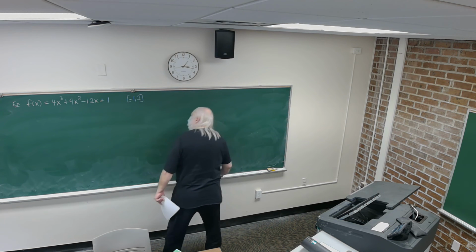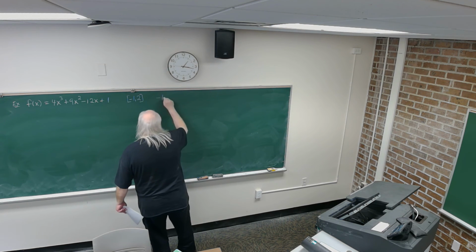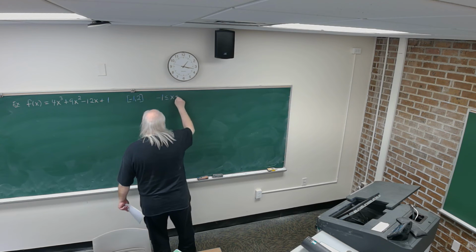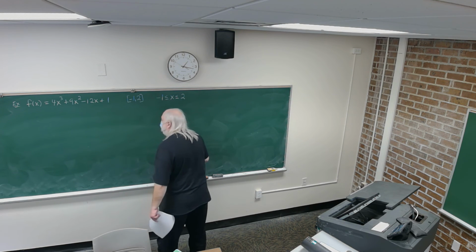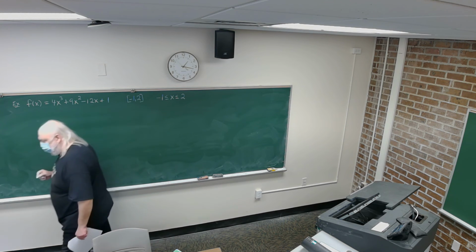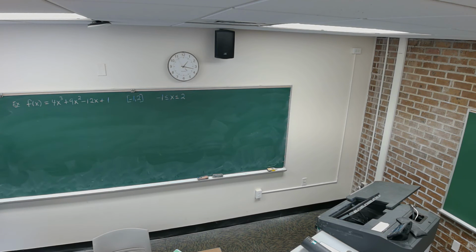And for emphasis, we're talking about the values of x in the function going from -1 to 2. So from x equals -1 to x equals 2, where's the absolute maximum? What's the absolute minimum value?